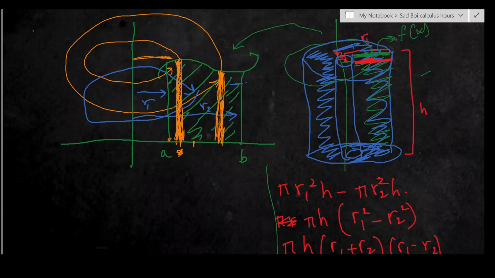This radius is going to be r1, and this radius is going to be r2. Now r2 minus r1 is going to be its thickness, that is the change in x. And since we are considering those segments to have a very, very minute width, we're going to consider it as dx.